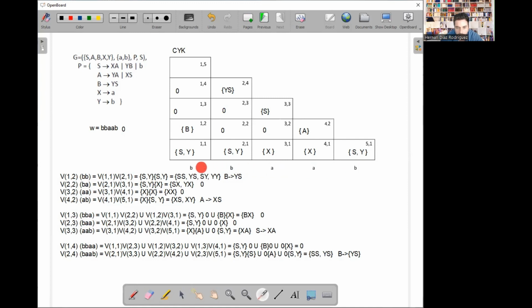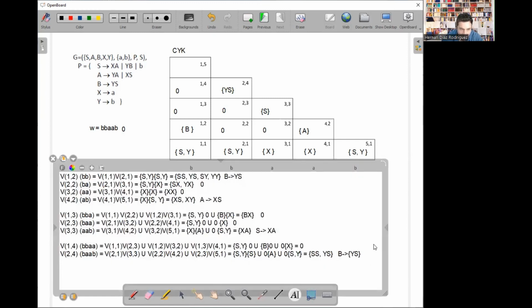We could take 3 and then 2, or we could take 4 and then 1. So we have many combinations here. Let's do them one by one. So if I'm in the position 1, 5, that means that I need to find all the possible combinations to create the full word.